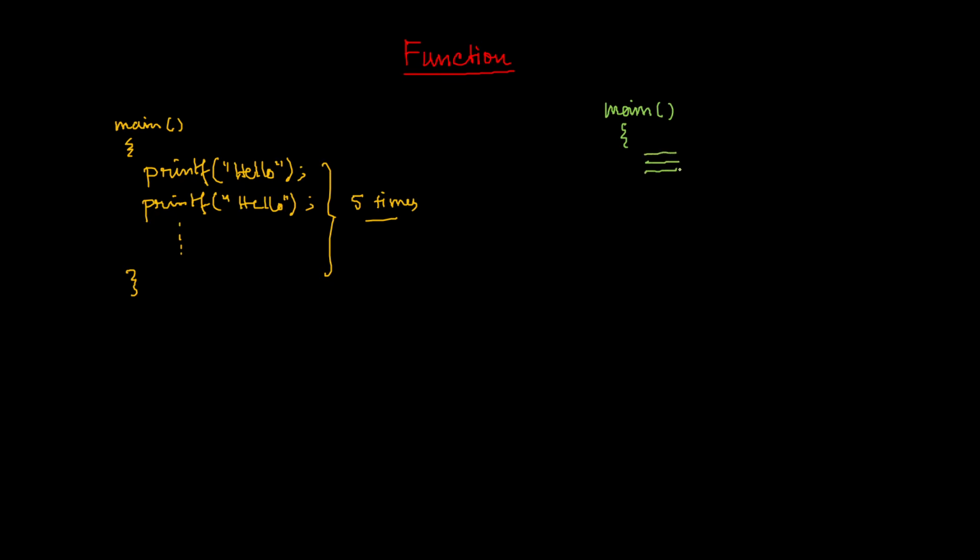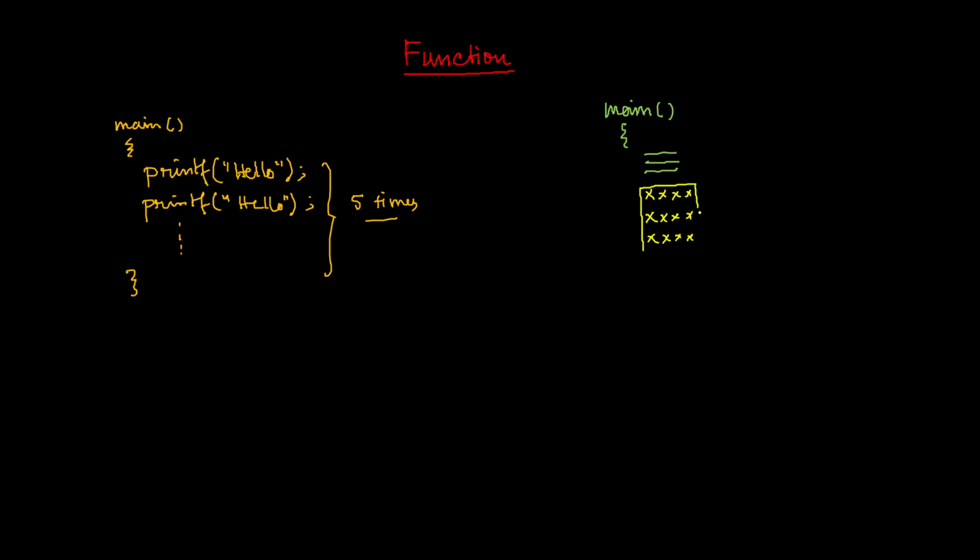You have written some set of code, and assume there is a particular piece of code. Specifically, I'm writing it in a different color so that you can realize the difference. Suppose I have some code over here, this amount of code.